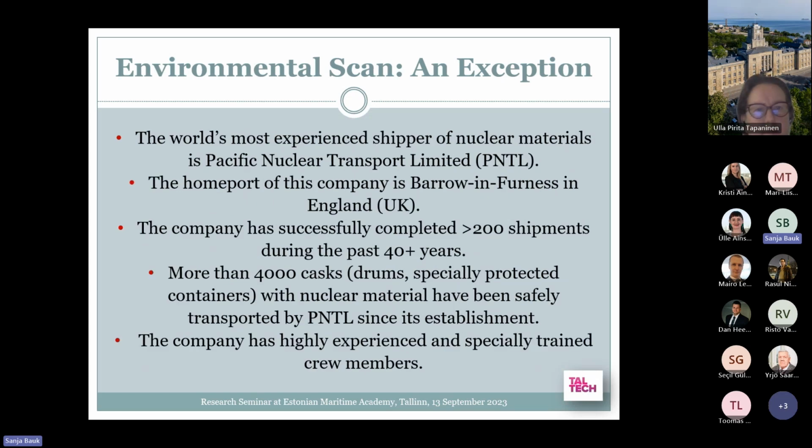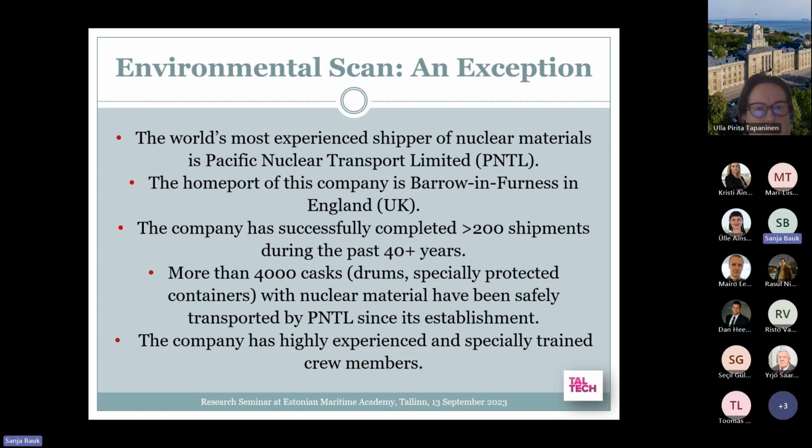So I mentioned these PNTL ships, which are specifically constructed and built with particular safety for transportation of this nuclear cargo. And the main control center for this company is in Barrow in England.